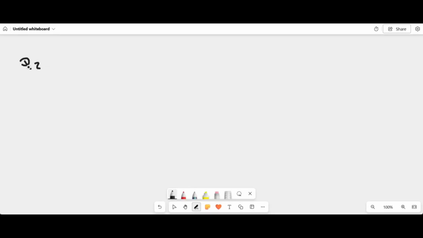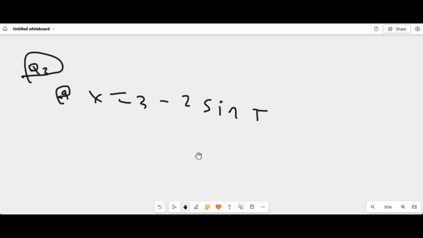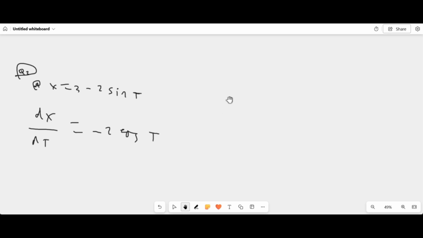Alright, cool, yeah. Question 2a. So we've got x equal to 3 minus 2 sine t, yeah? And now with this, what you want to do is differentiate that. Minus 2 sine t is going to differentiate into minus 2 cos t, yeah? And then y is equal to t cos t, yeah?